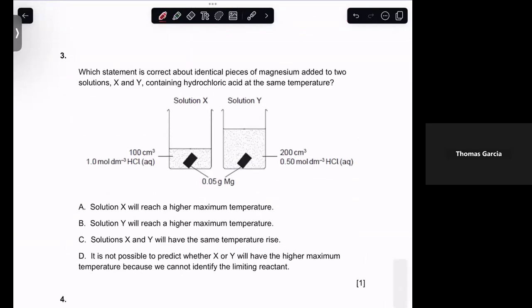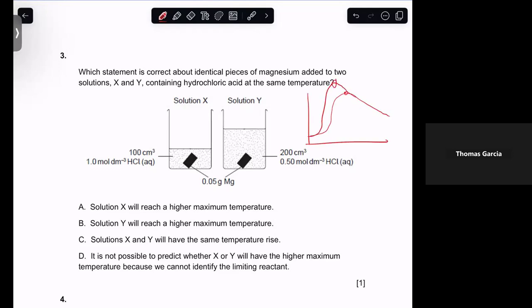All right, which statement is correct about identical pieces of magnesium added to two solutions, X and Y, containing hydrochloric acid at the same temperature? So this is where we want to visualize one of these graphs where the temperature goes up and then falls. And our max temperature for either graph is dependent on the heat loss, because if we can make the reaction happen faster, we can make the maximum temperature higher.